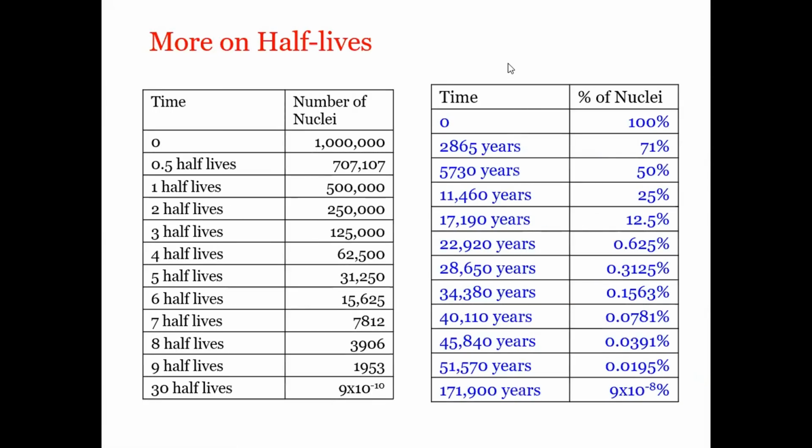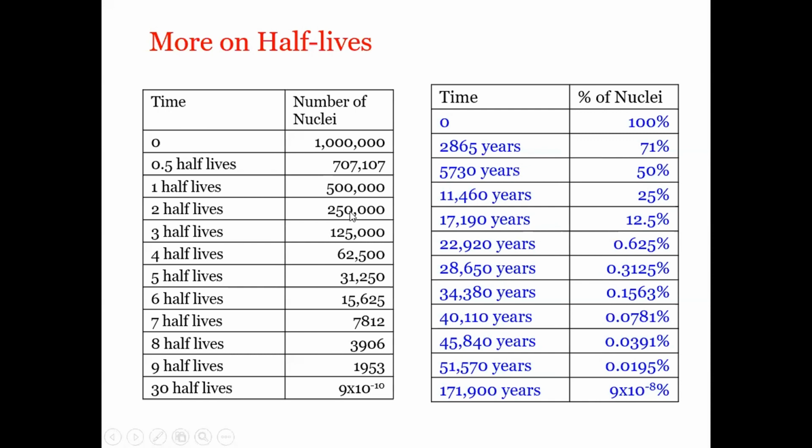Let's talk about the half-life further. Here we show in one part of the table the time in half-lives. For example, we see here 10 to the power 6 nuclei; one half-life decreases it to half of its original number.